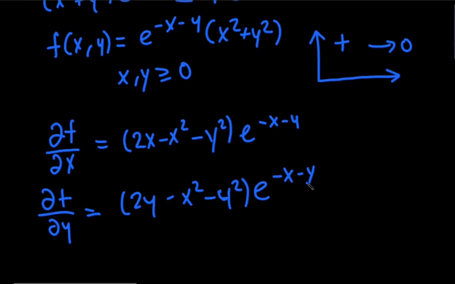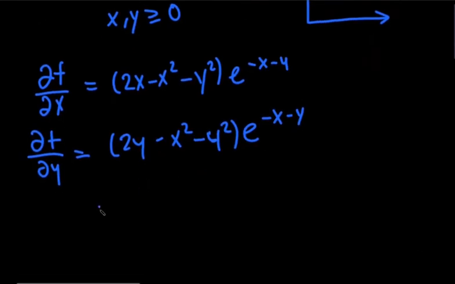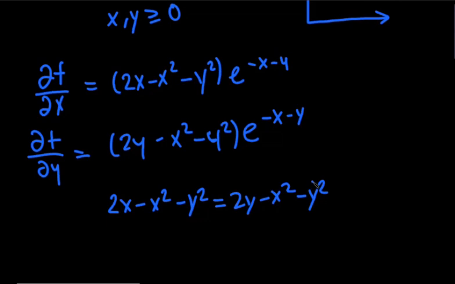Now what we can do is find the critical points, which is when these two are equal to 0. So e to the power of whatever, it's an exponent, so it can never be equal to 0. So we would just have 2x minus x squared minus y squared equal to 2y minus x squared minus y squared, right? And we want this to be equal to 0.